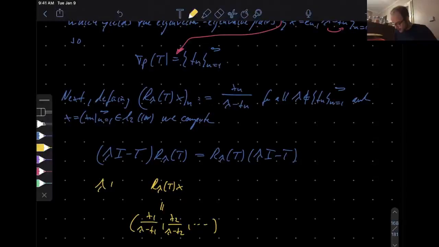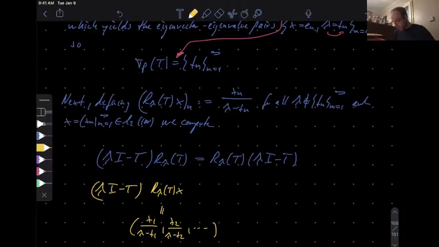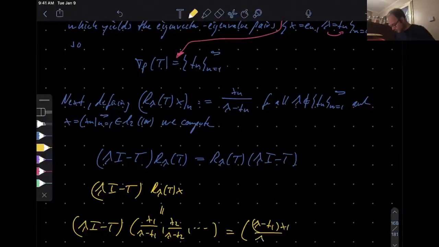And now I act with that guy on (lambda I minus T) from the left. So lambda I minus T, what does it do? Well, it just multiplies, because T is a multiplication operator. So what you will find out here is it multiplies each entry by, well, first one, lambda minus t_1, x_1 over lambda minus t_1, lambda minus t_2, x_2 over lambda minus t_2, and on and on and on.